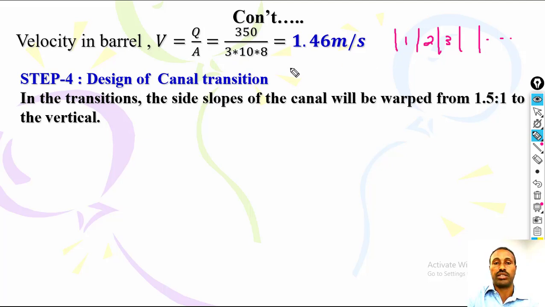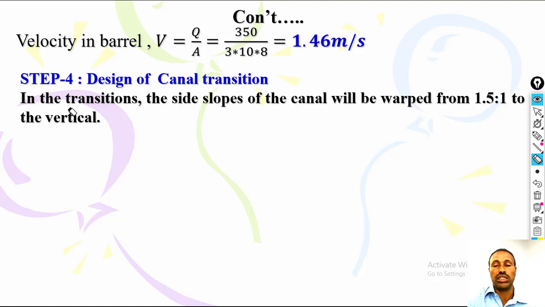Each has 8 meter width, and you have height 3. Clear? So you have the total area of flow of the drainage. Then you get 1.46 meter per second. So once you calculate the velocity in the barrel, let's go to the design of the canal transition.